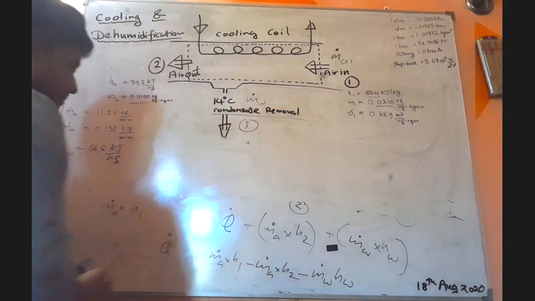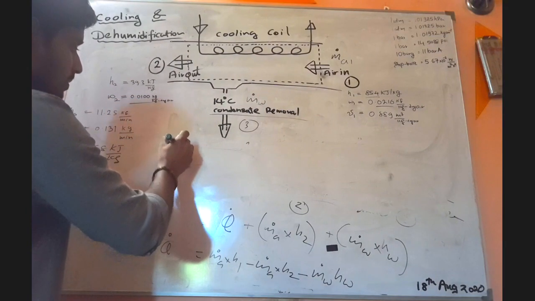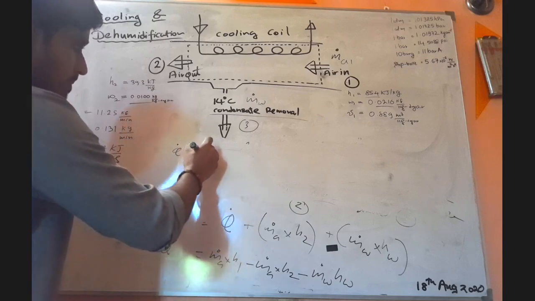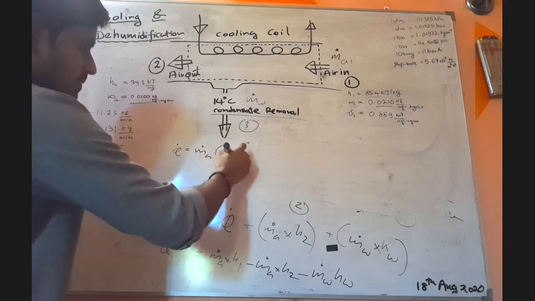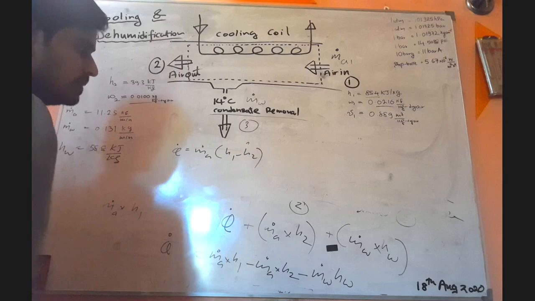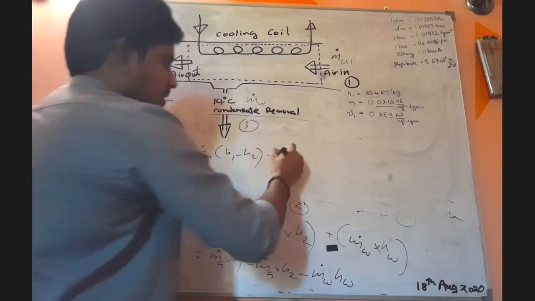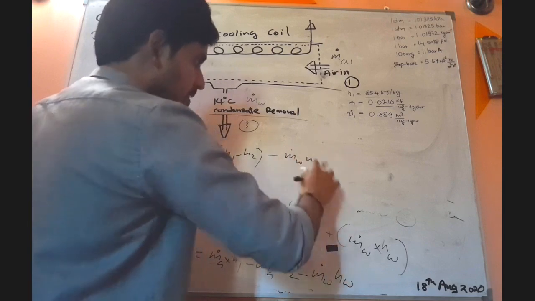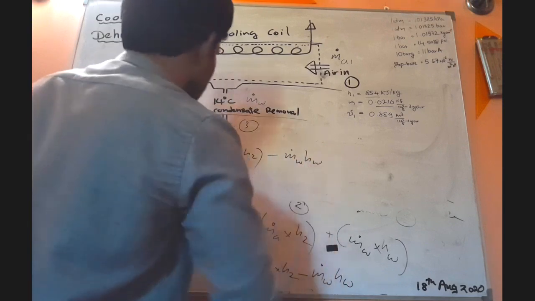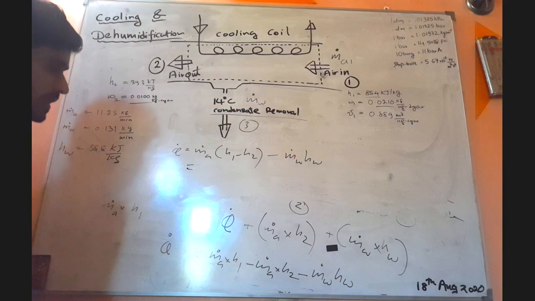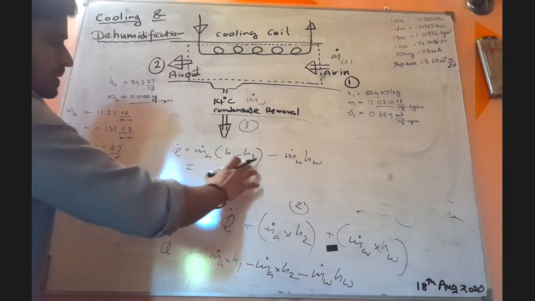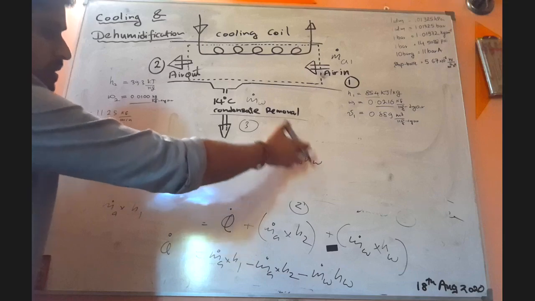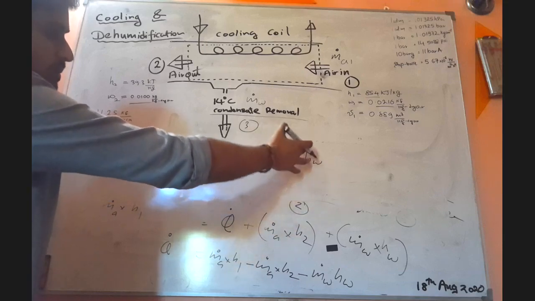So now Q dot equals, now you can do the simplification: ma dot times (h1 minus h2) minus mw dot times hw. Let's check it: ma dot times h1 minus h2, minus the condensate removal rate times the saturated liquid enthalpy hw.